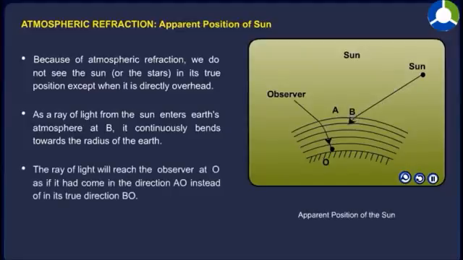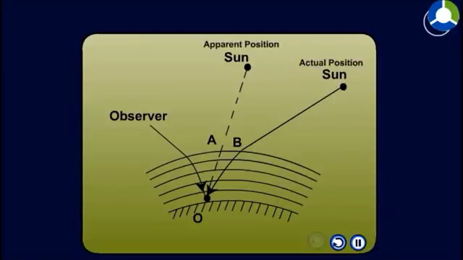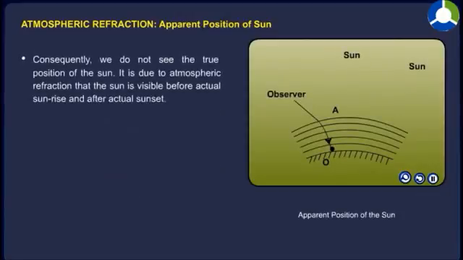The ray of light will reach the observer at O as if it had come in the direction AO instead of in its true direction BO. Consequently, we do not see the true position of the sun.